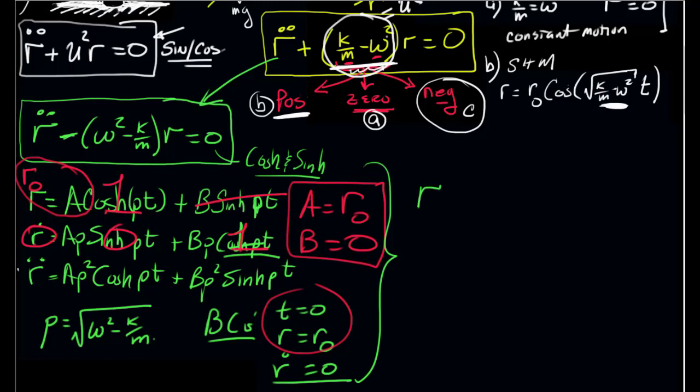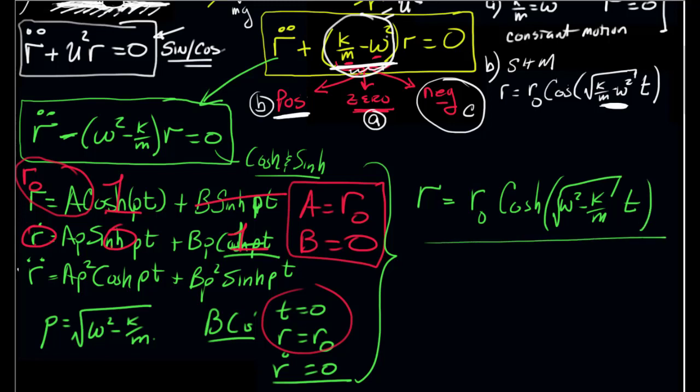So we'll get that R here is R0 cosh of omega square root of omega squared minus k on m t. And this motion we recognize. If we make a plot of it, cosh of 0 is 1, so it starts at r0.